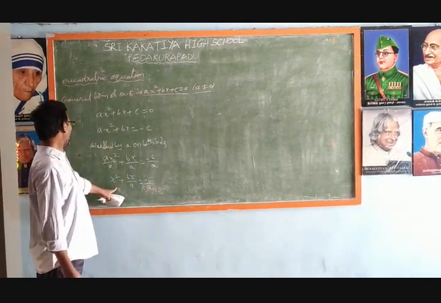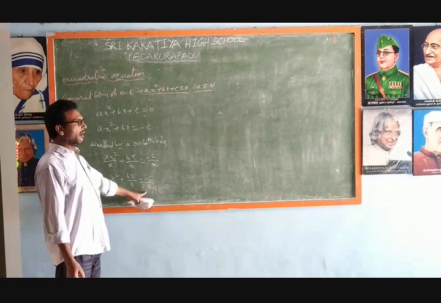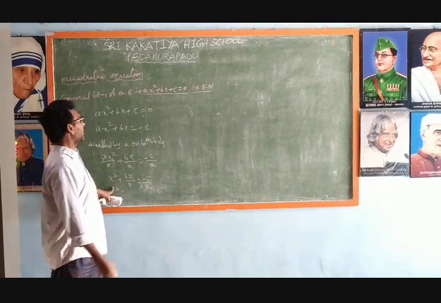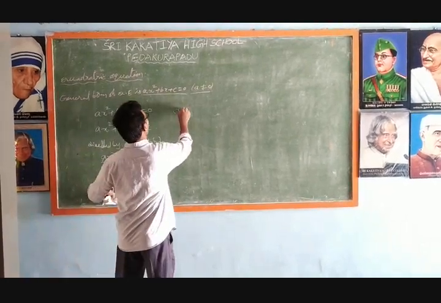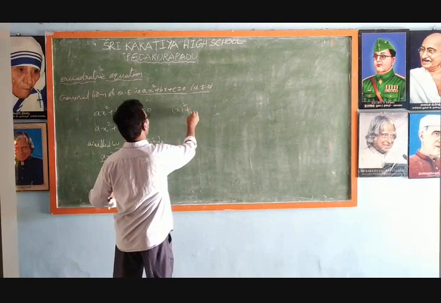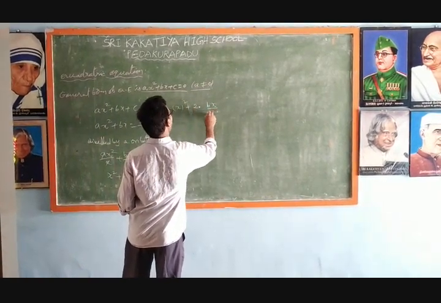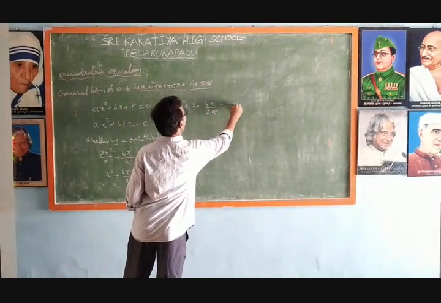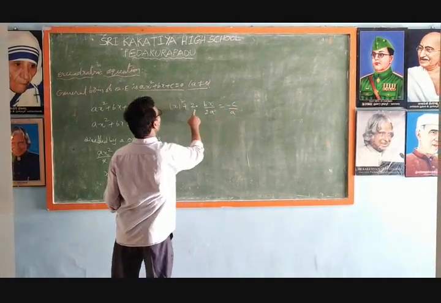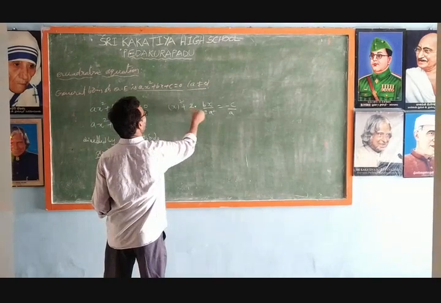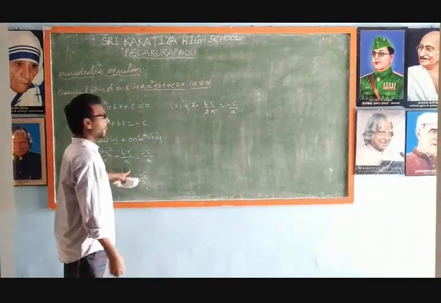Now this is LHS and RHS. LHS is in the form of x whole square plus 2 into x into b by 2a is equal to minus c by a. If you cancel the 2 and 2, bx by a will come.